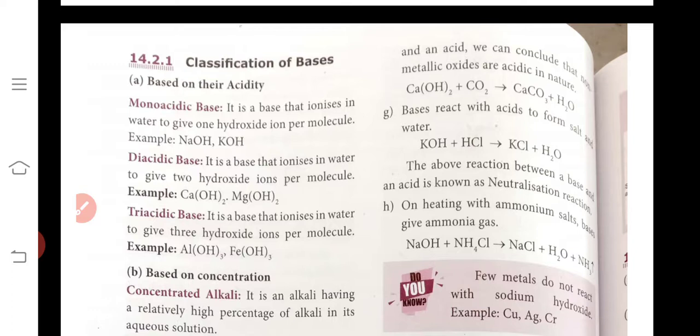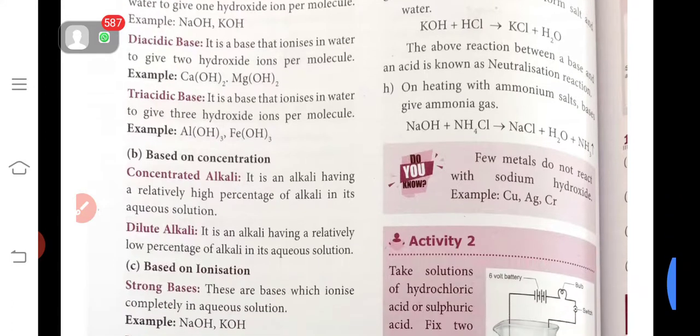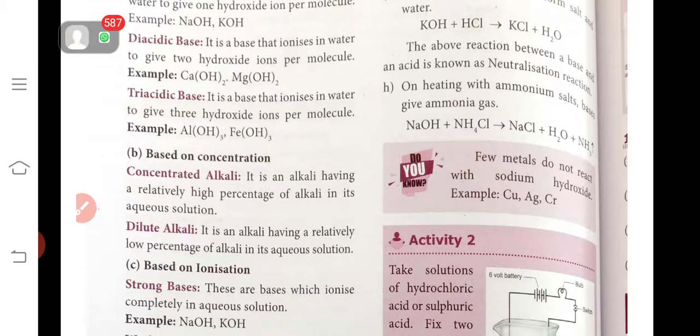Bases are classified by acidity into monobasic, dibasic and tribasic. Monobasic means it contains only one OH minus ion, and dibasic means it contains two hydroxyl ions, such as Ca(OH)2 and Mg(OH)2. Tribasic means it contains three OH minus ions, such as Al(OH)3 and Fe(OH)3.